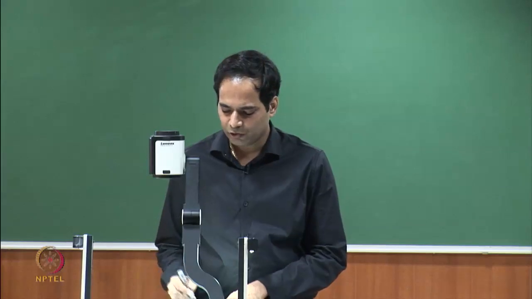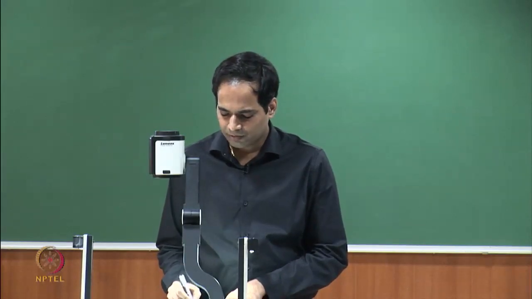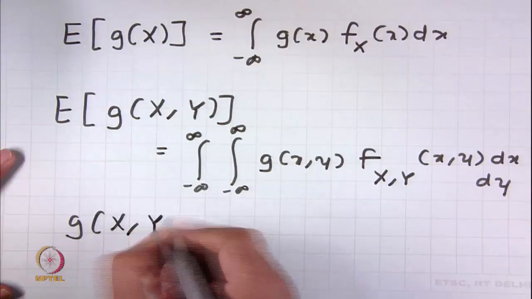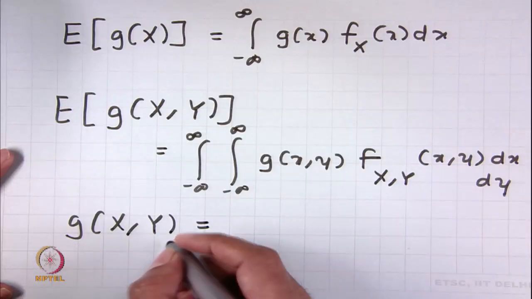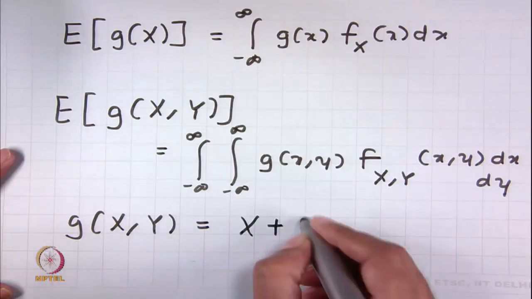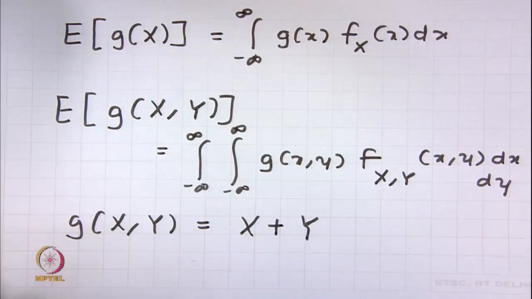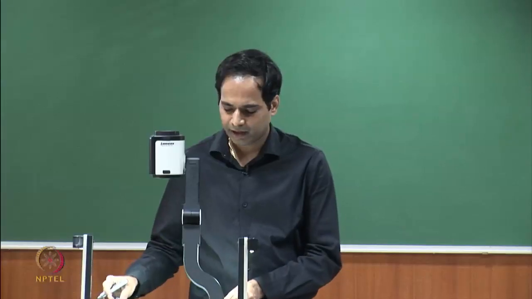Okay. Let me now do certain cases. For example, let us assume that this function of x and y is nothing but a sum, a random variable x plus y. So, what expectation do we get in that case?